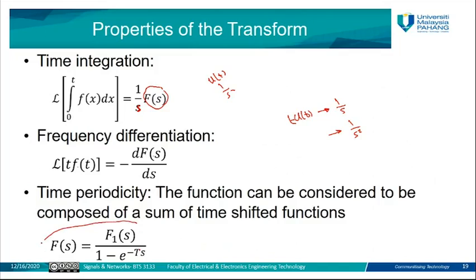So if the function is repeated every specific time period, its transform equals the first period's transform times 1 over 1 minus e to the negative Ts. This is the value of the period that will affect your Laplace transform for this function.